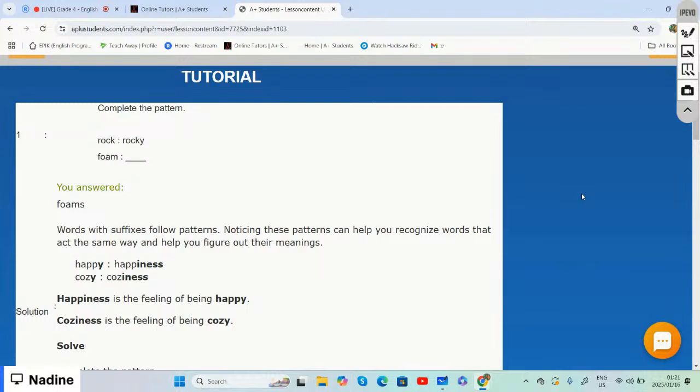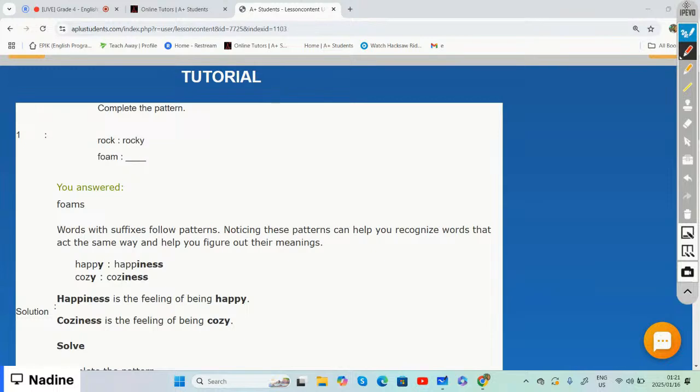So we have rock, and then we have rocky. And basically, all we added, especially to our suffix, is a Y. So we just added a Y, so now it becomes rocky.